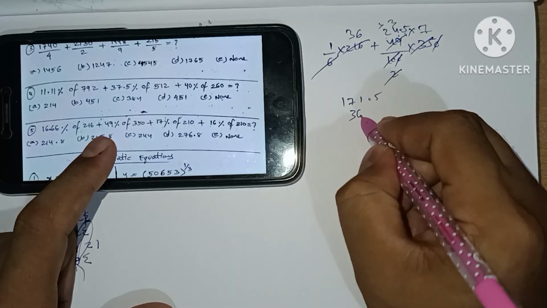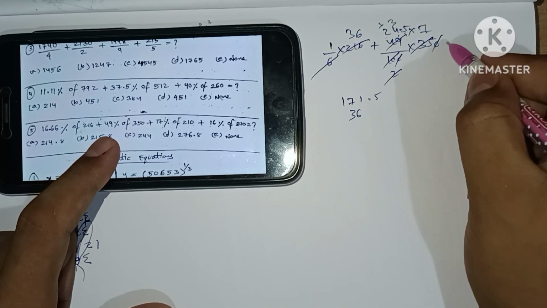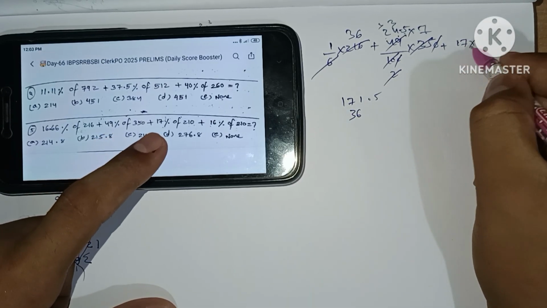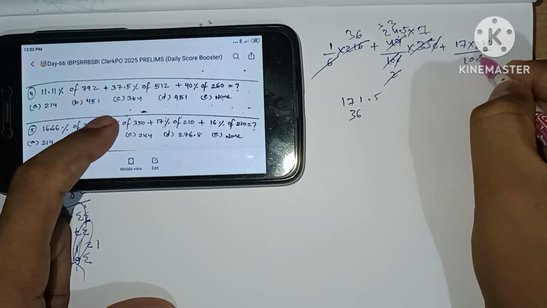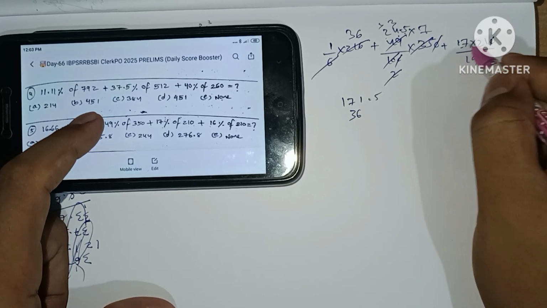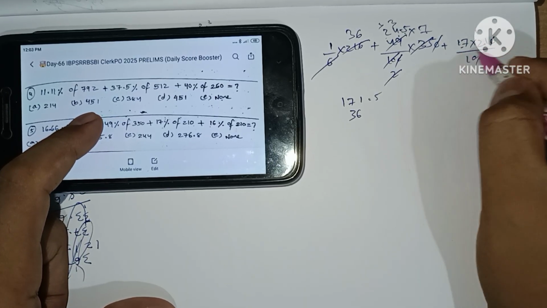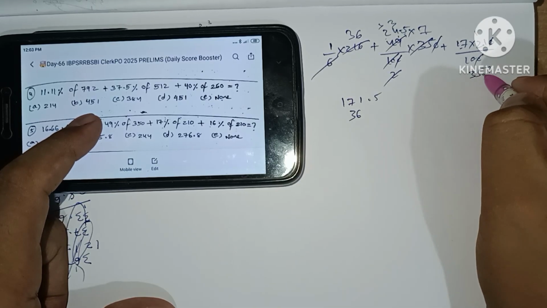So 36 plus 171.5 plus the next one, 17 into 210 divided by 100. 0 0 cancel. 17 1 times is 17, 17 2 times 34, 35, so 35.7.